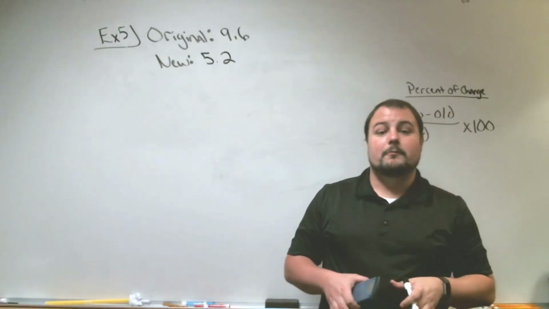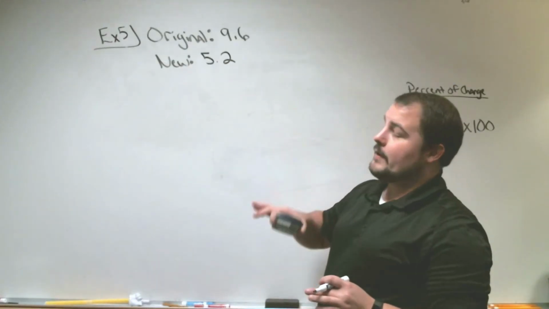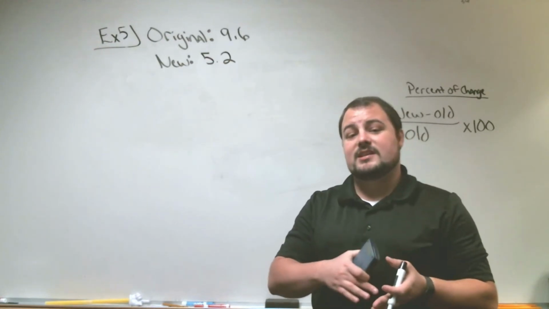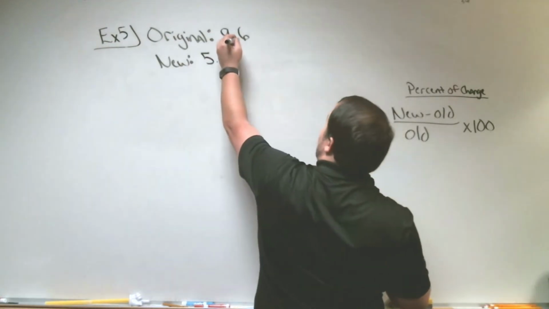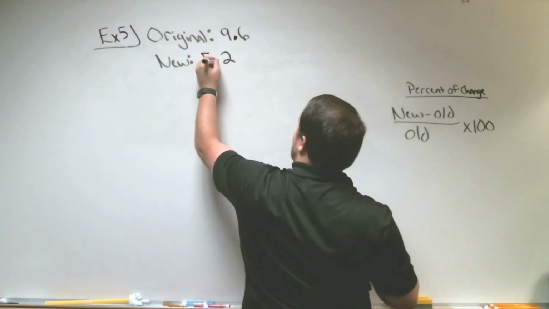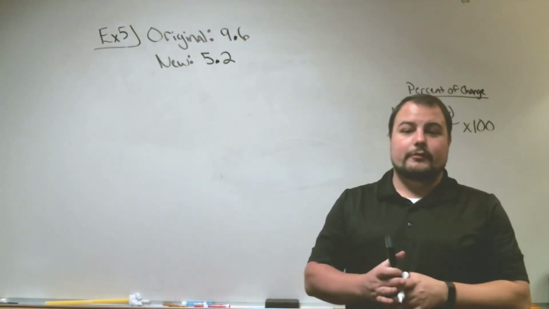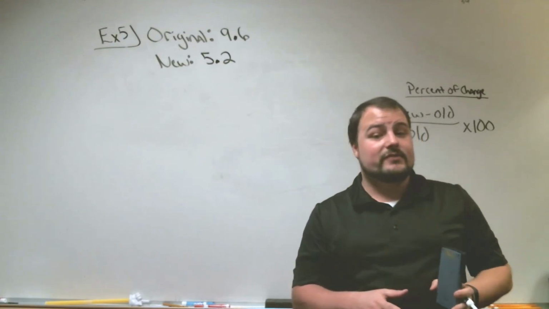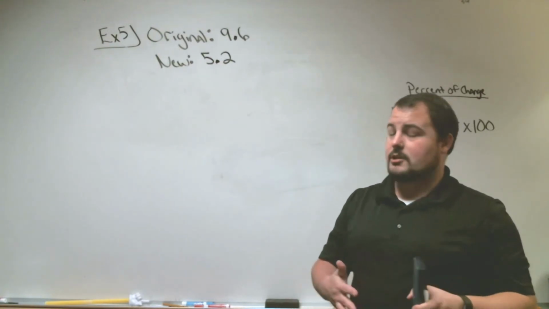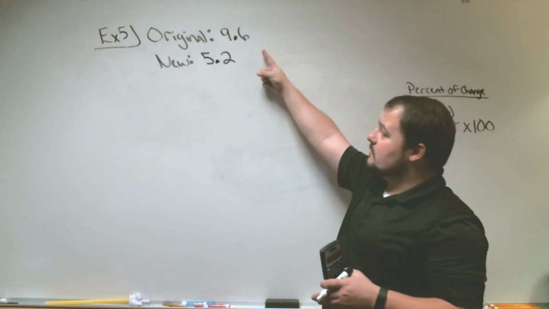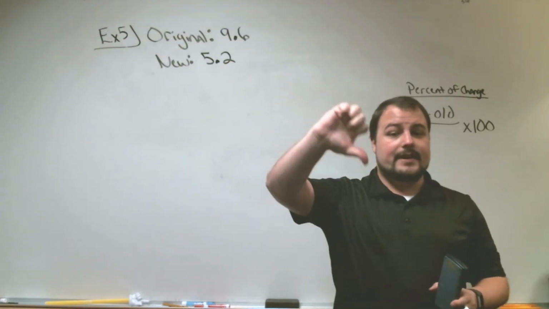For our final example, which is example 5, we're going to find the percent of change between 9.6 and 5.2. I'm going to make sure that you guys can see the decimals are right there. So 9.6, 5.2. Now, if you're looking at these, you should be able to tell without even doing the math if it's an increase or a decrease. 9.6 was the original, and it went to 5.2. That's a decrease.